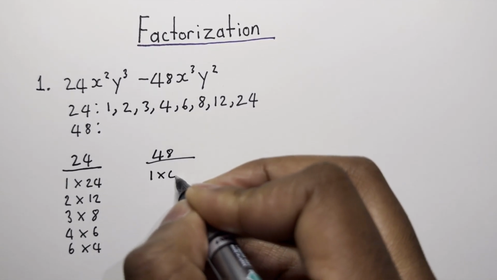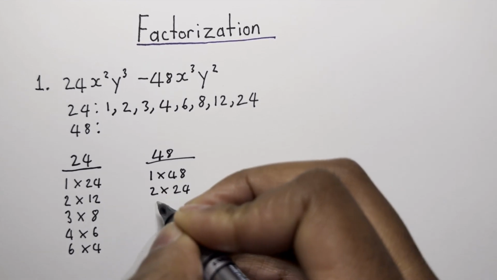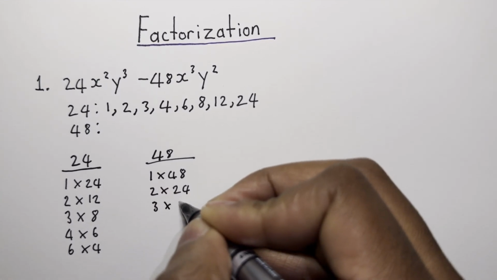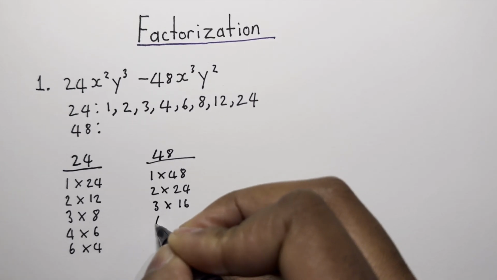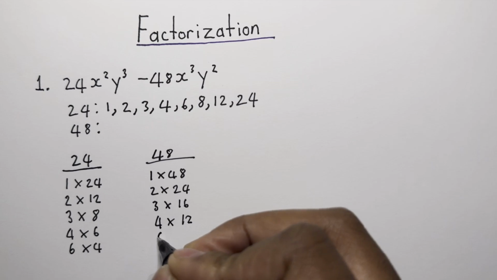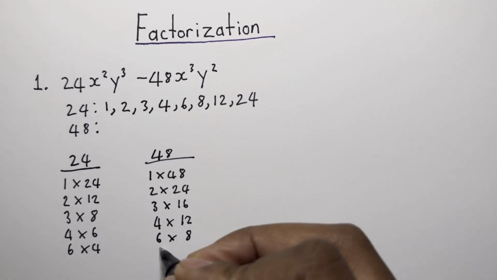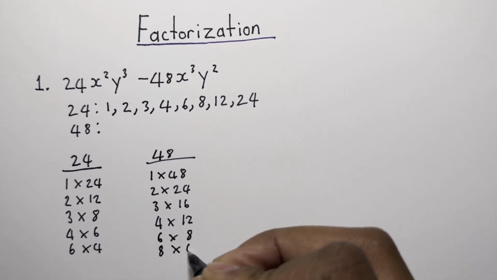Now let's find the factors of 48. 1 times 48, 2 times 24, 3 times 16, 4 times 12, 6 times 8, 8 times 6.